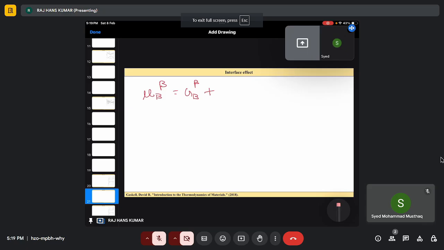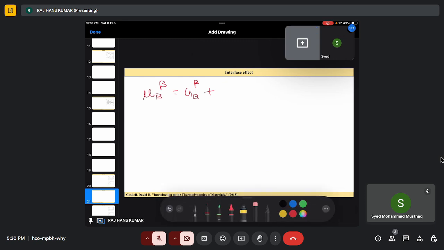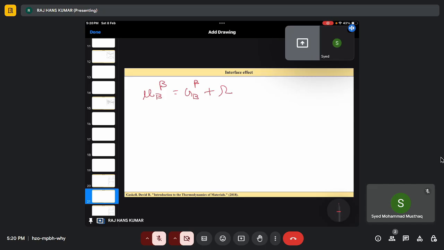Upon erasing, GB beta plus there is this regular solution term. Okay, this omega times 1 minus xb whole square plus RT ln xb, right?